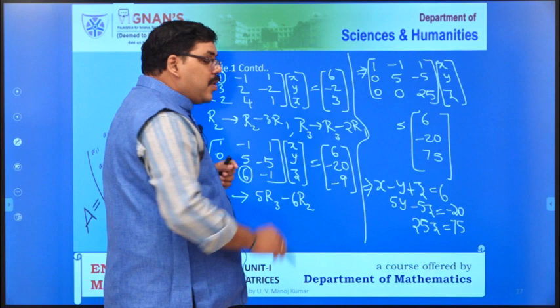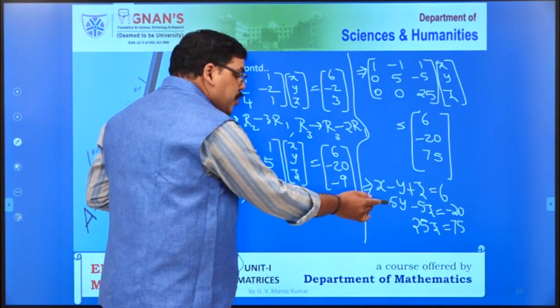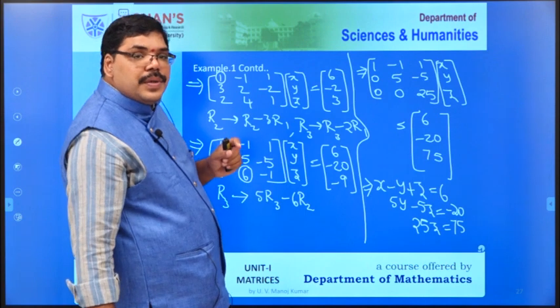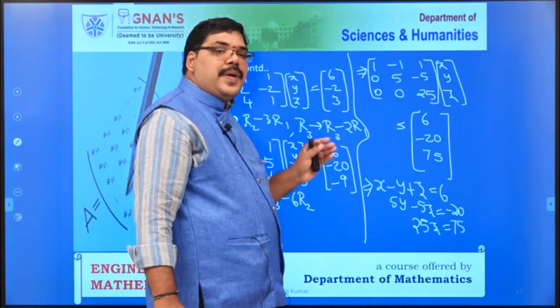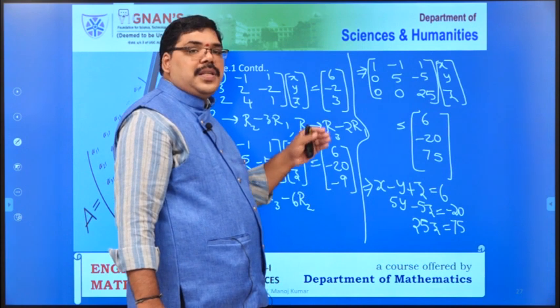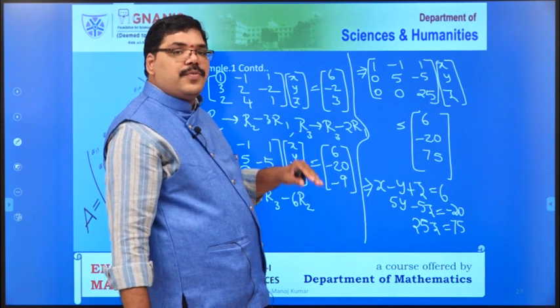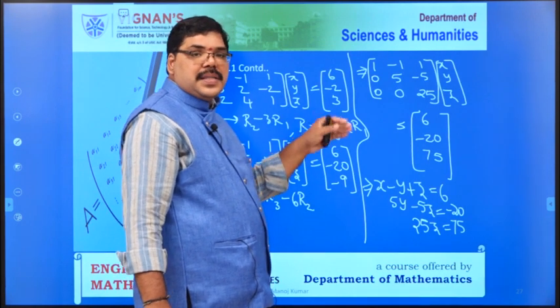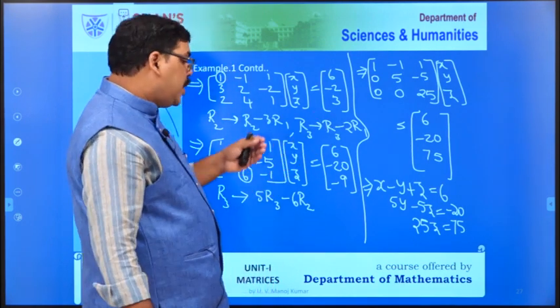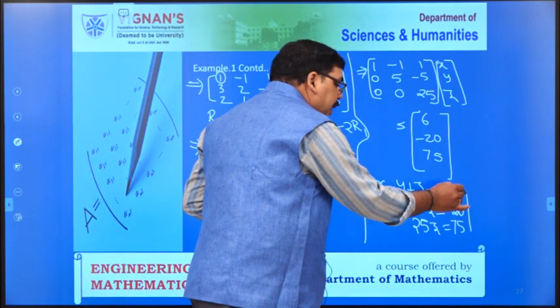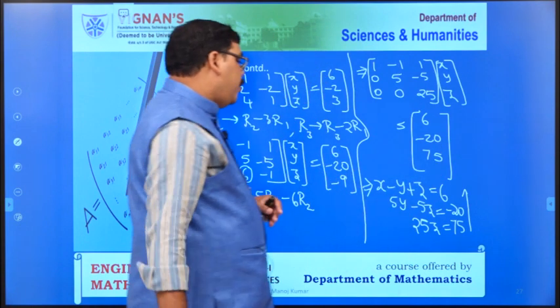So the original system of equations is reduced to this system of equations. Now, starting from the last equation, find the values of variables and substitute in the previous equations, so that you will get all the values of x, y, z. This is the direction of working.